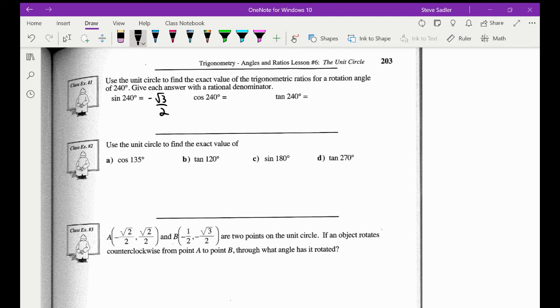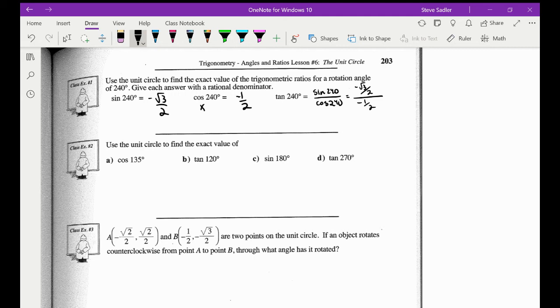The cos of 240, well, we know cos of theta is equal to the x value. So the x value of the 240 is negative 1/2. And the tan is going to be equal to the sine of 240 over the cos of 240. And we know that's going to be negative root 3 over 2, all divided by negative 1/2.